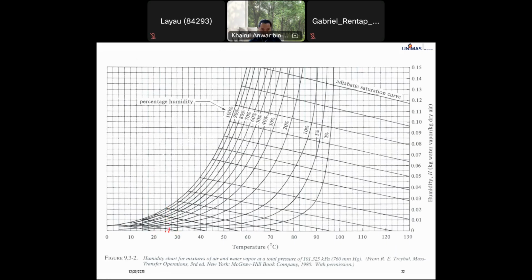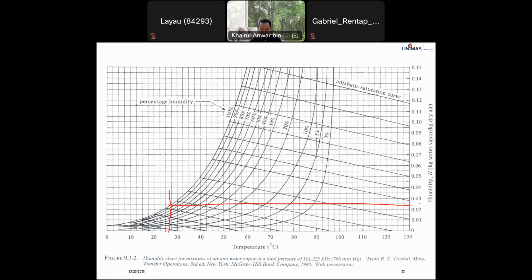If you draw this straight line and it intercepts the HS, draw until it meets here.